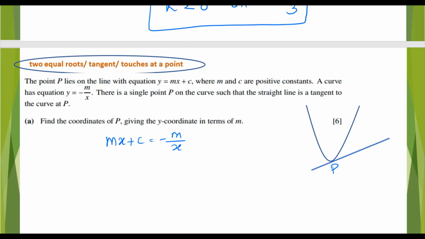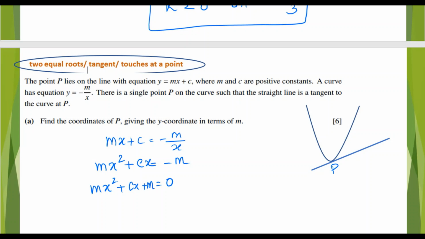Let us simplify this one by bringing everything to one side. So you will get mx square plus cx plus m is equal to 0. Okay, I missed x here. So mx square plus cx plus m equal to 0.